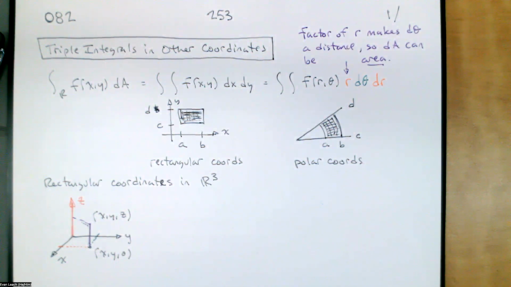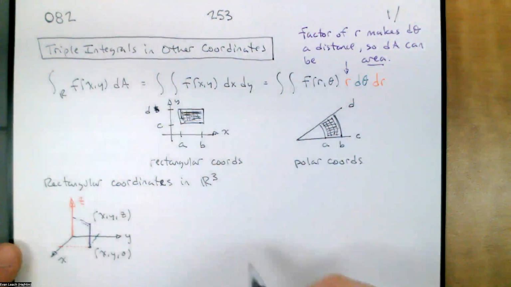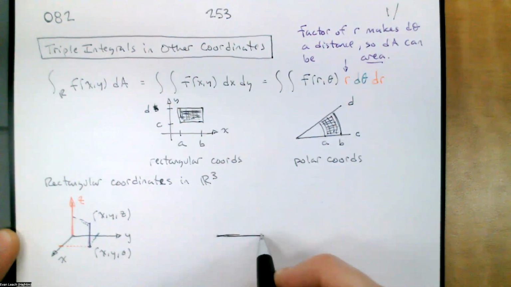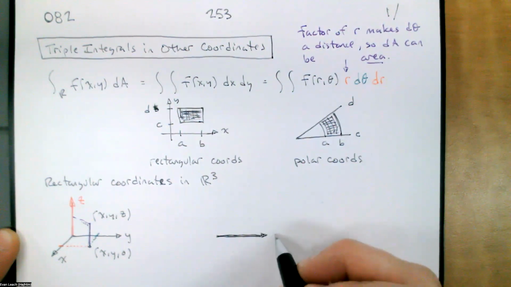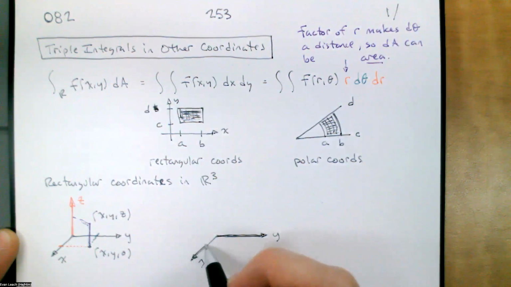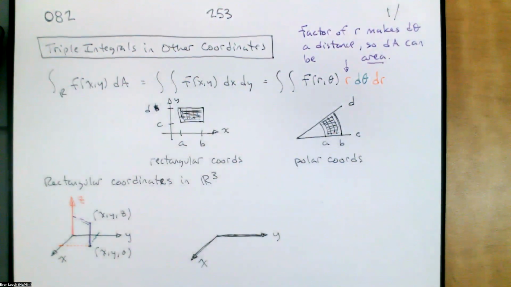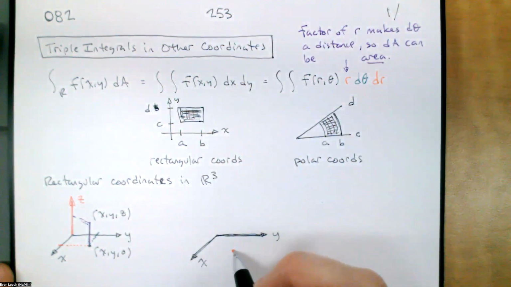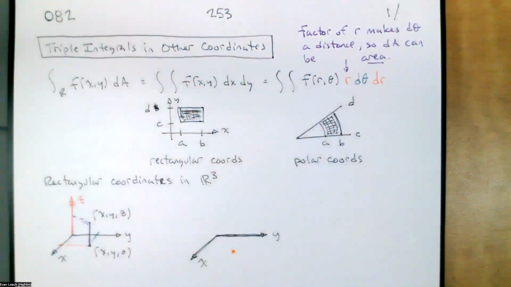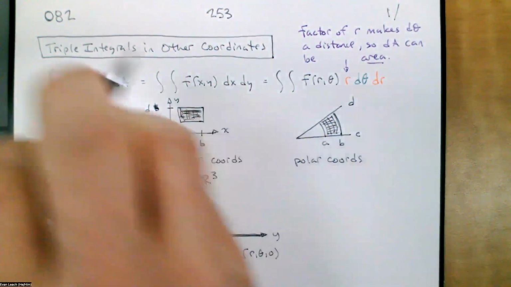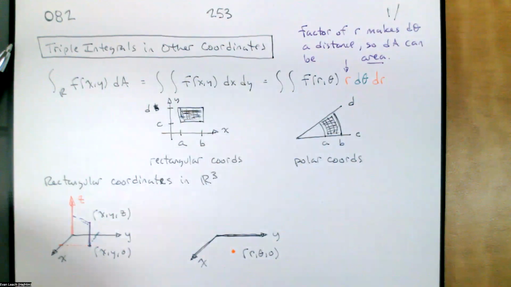If instead of starting with the xy plane, we start with polar coordinates, if we start down here instead with polar coordinates, and describe, say, this point as r and theta, we turn polar coordinates into cylindrical coordinates.